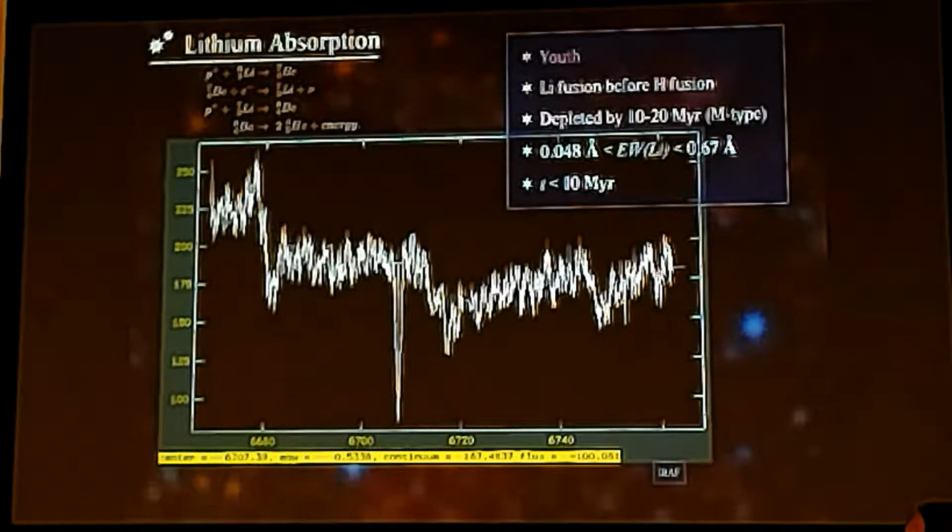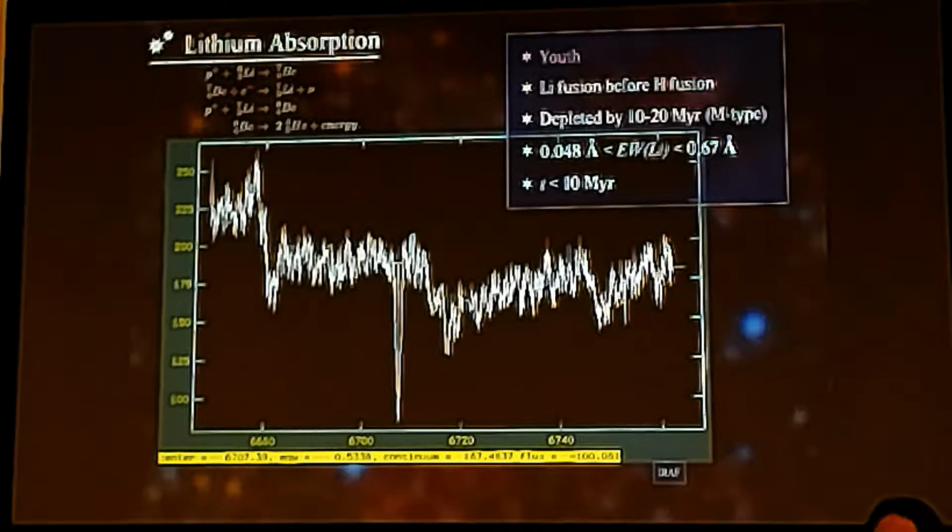So, as you may already know, lithium fuses at a much lower temperature than hydrogen. It can fuse at about 3 million Kelvin, whereas for hydrogen, you have to wait till you get to 13 million Kelvin. So, lithium's really easy to fuse. What that means is, especially for convective stars, lithium will be depleted in the first 10 to 20 million years for an M star.